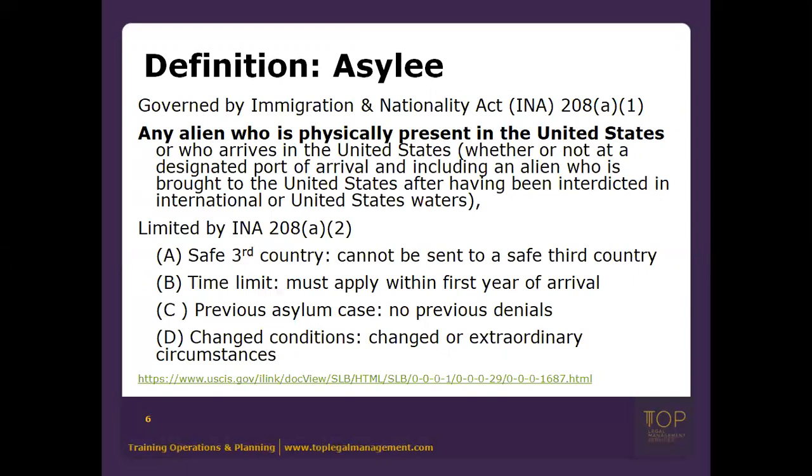If you have had previous denials of any asylum application, you will not be allowed to apply for asylum. And changed conditions, which means that even if more than 1 year has elapsed, if you can prove changed or extraordinary circumstances that prevented you from applying within that first year of arrival, you can apply for asylum status. And the relevant section of the law is here in this link that I provide.